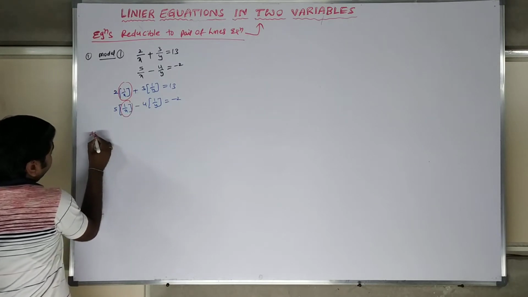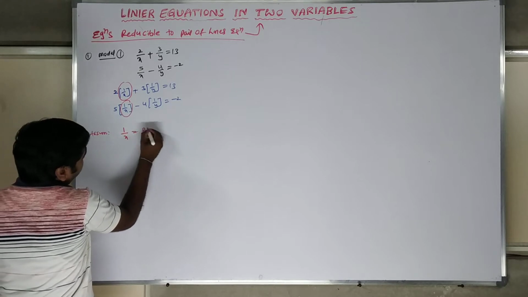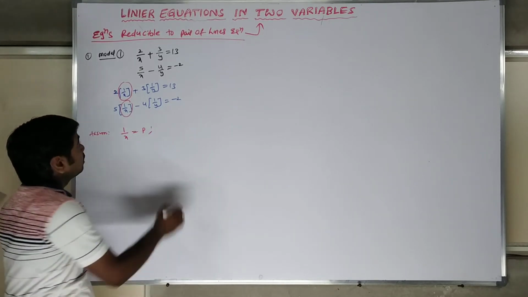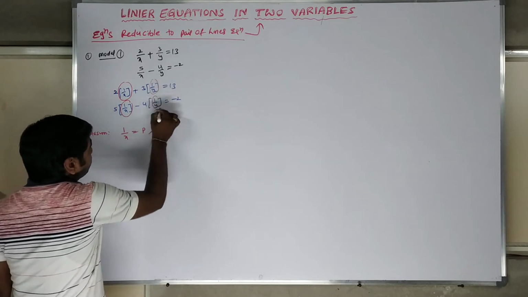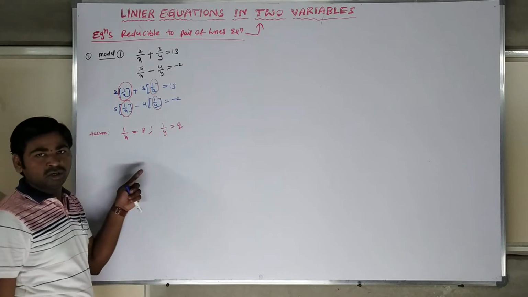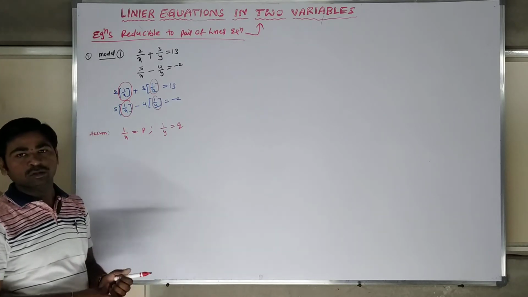So assume 1 by x is equal to p. Whatever you like can be your assumption. The other common portion is 1 by y, so I am taking 1 by y is equal to q. These are in-between assumptions to make the conversion into two equations in two variables simple.